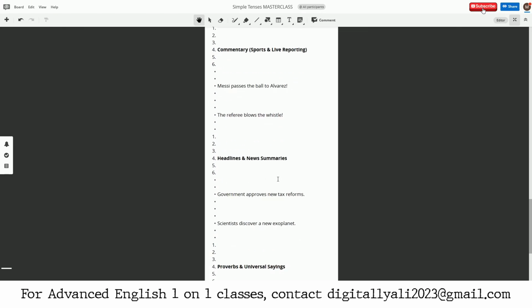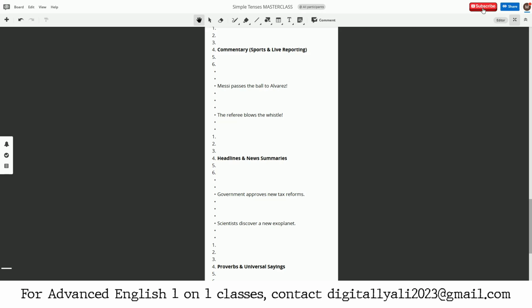Headlines and news summaries. Government approves new tax reforms. So this tells us about something that just happened in the past, and it happened so soon, or maybe it happened so near to the present that we just use the present form with it.